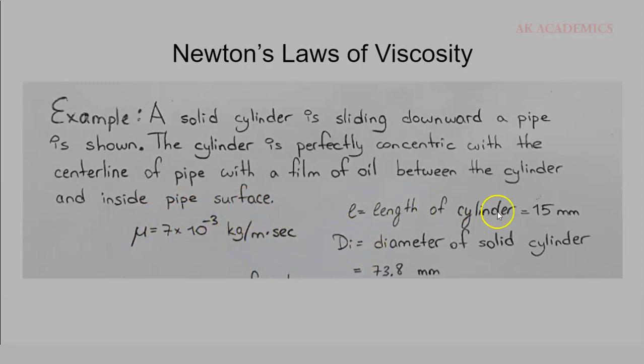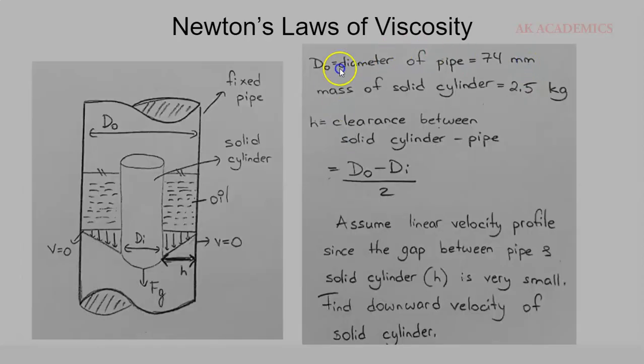We've also been given the length of the cylinder to be 15 millimeters. You know we can always convert millimeters to meters by dividing by 1000. Again, we have the diameter of the solid cylinder as 73.8 millimeters. This can also be converted to meters. And then we've been given the diameter of the pipe as 74 millimeters.